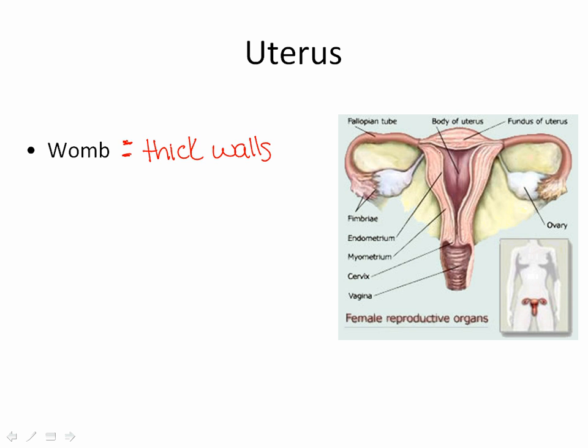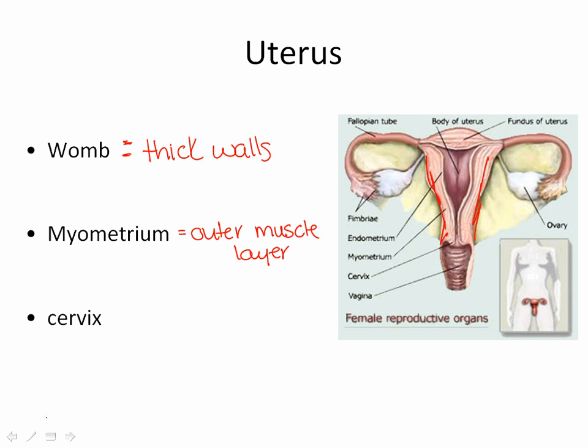So looking at the structure of the uterus, we have an outside wall. This is going to be called the myometrium. So the myometrium is the outer muscle layer. And then it's actually going to have the endometrium that I forgot to put in. And this is going to be the inner muscle layer.